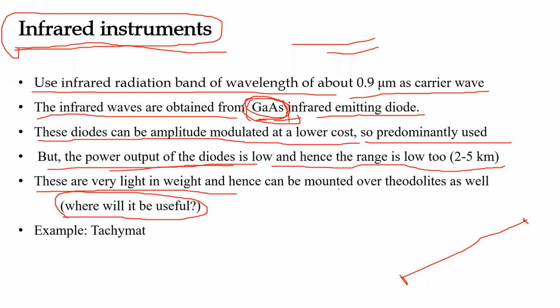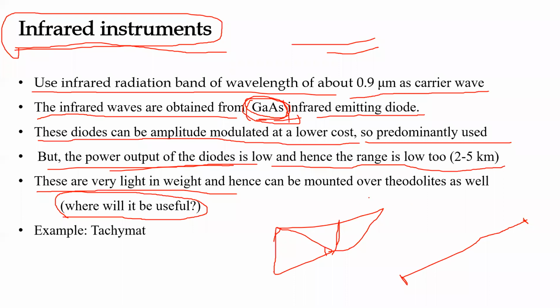Now imagine the situation. Generally we need two types of measurements. You know that one is angular measurement, one is distance measurement. Angular measurement is predominantly used in triangulation, right? In triangulation, we used to measure only the angles, and with the help of sine rule and cosine rule, we used to find out the distances.